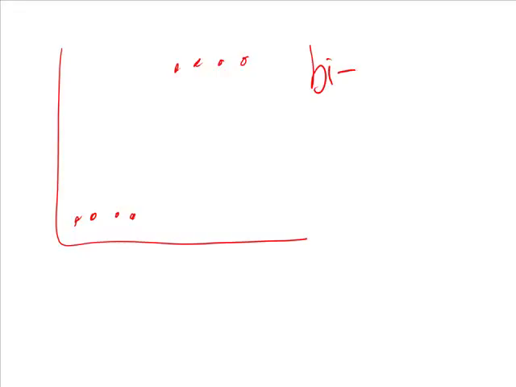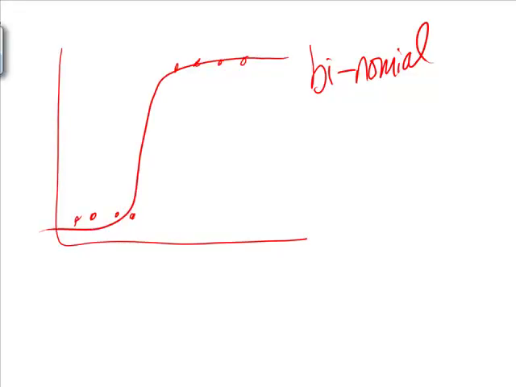It's a binomial. Well, it turns out the binomial distribution is great for situations where you have two outcomes, like heads and tails. Why? Because when you look at the distribution, it's an S-shaped curve.